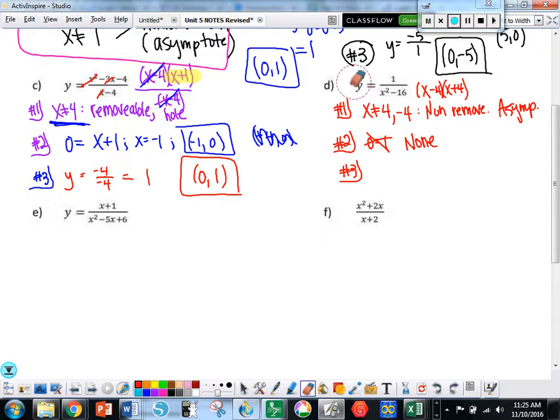You keep trying it. In order to find the y-intercept, we do what? 1 over what? This is going to be a 0, negative 16. So if I write that as a point, it's going to be 0, comma.